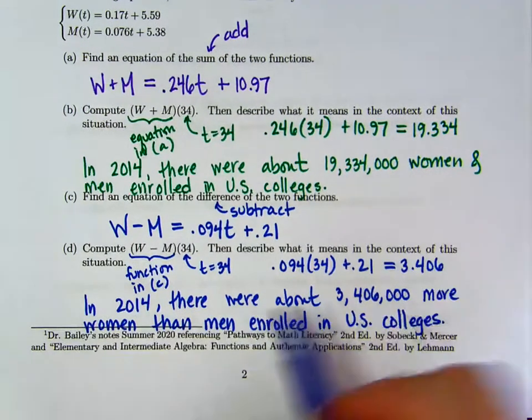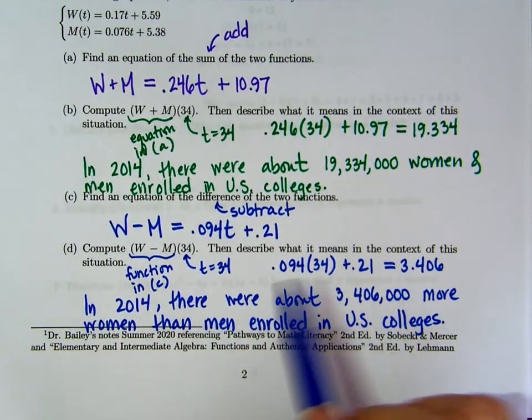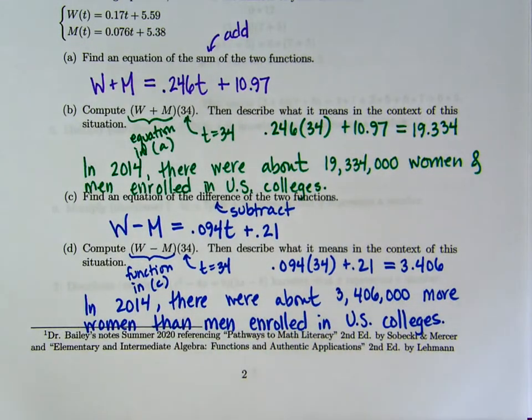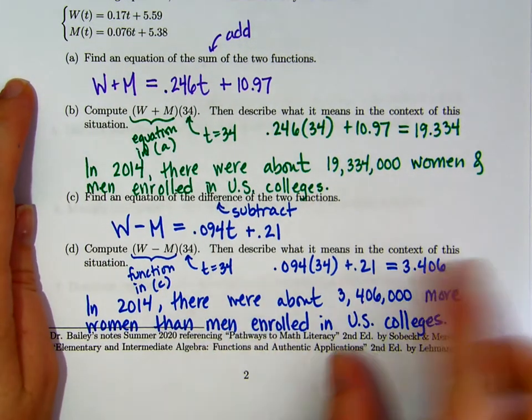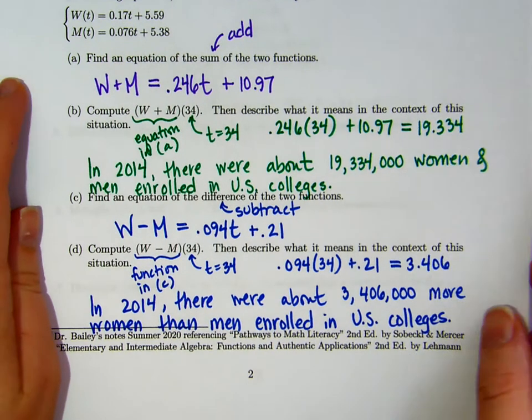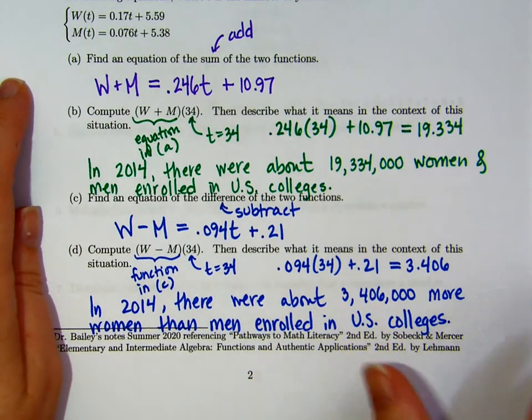Interesting. I wonder how many more women than men were actually in the United States in 2014. Could be just because there's more women, or it could be because they literally aren't educated yet and need to get educated.